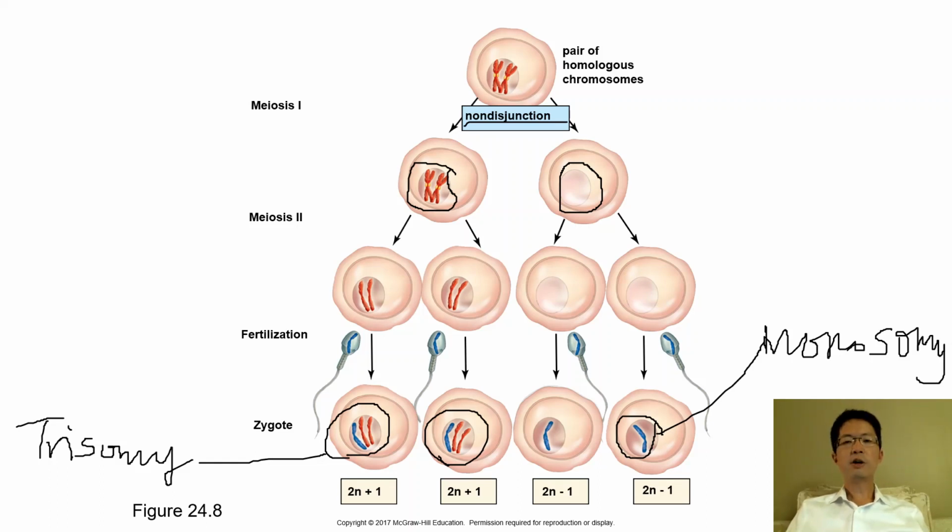You may or may not have heard about this, but the most famous trisomy disorder. Trisomy disorder here is not just the sex chromosome, it can be your autosome, the body chromosome. The famous one that occurs in your body chromosome is Down syndrome.